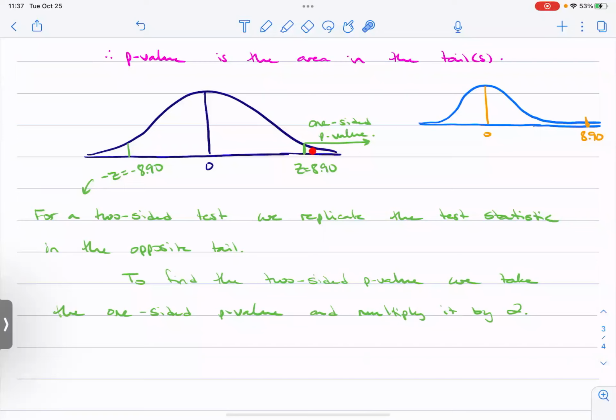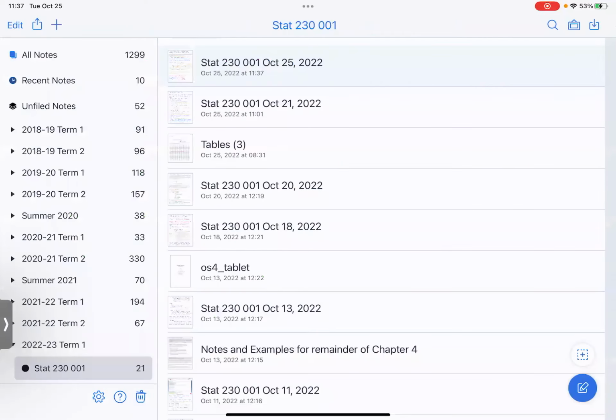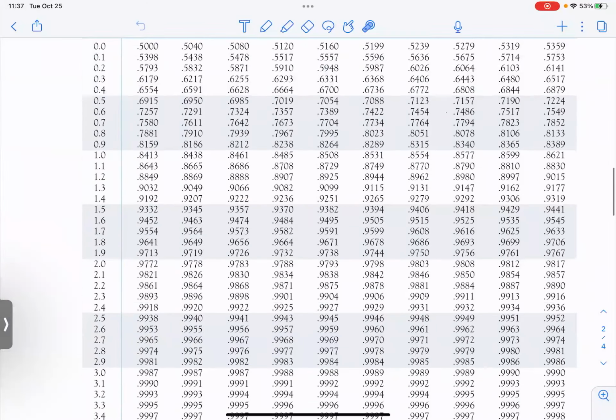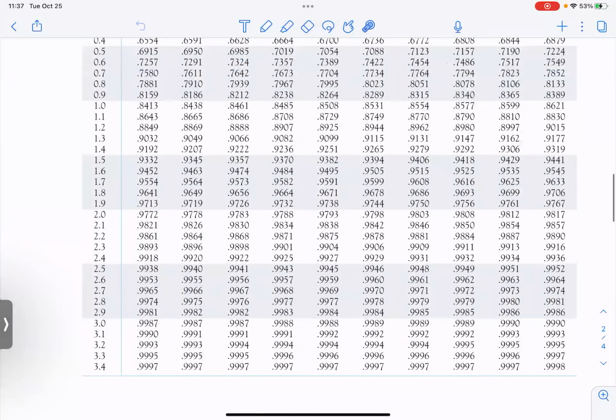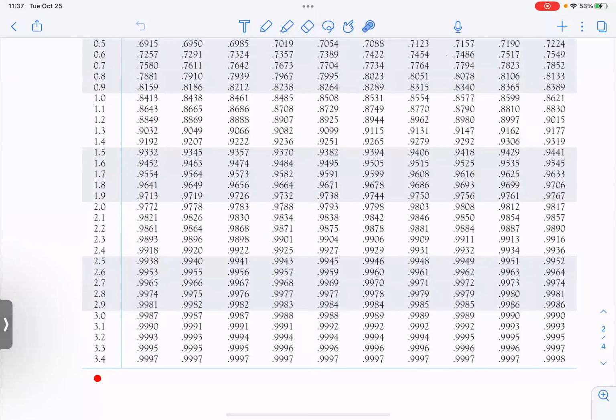A Z of 8.9, how are we going to find the area in the tail, the one-sided p-value? Well, we can go to the Z table and find the positive side and go down. But then we find that it maxes out at 3.49. That's fine. That doesn't mean it ends.